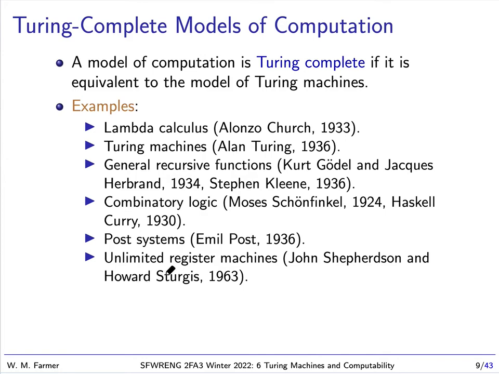I've listed another kind of Turing-complete model of computation, unlimited register machines, developed by John Shepherdson and Howard Sturgis in 1963. This model is especially good because it very closely mimics how actual computers work today.